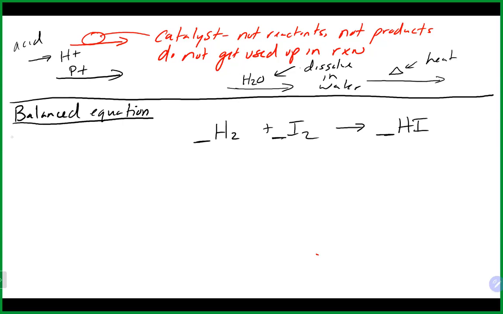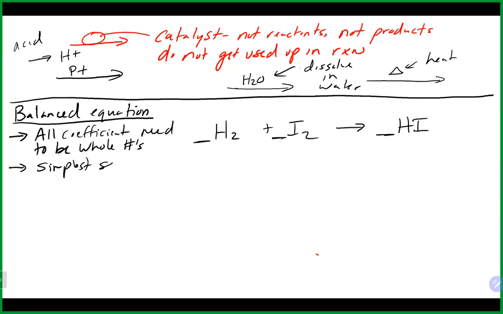There are 2 really main rules when we balance the equation. All the coefficients, when you are all done, need to be whole numbers. And the second rule is they need to be the simplest set of whole numbers.